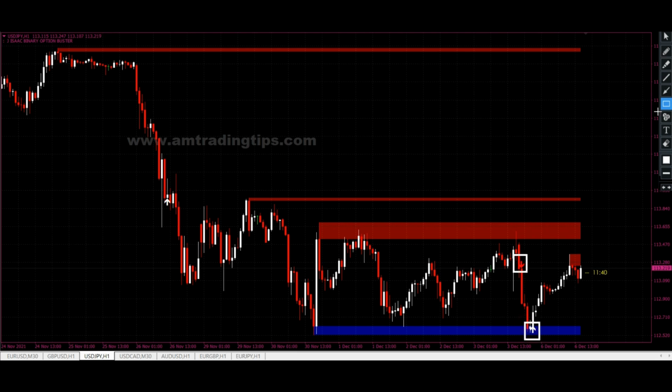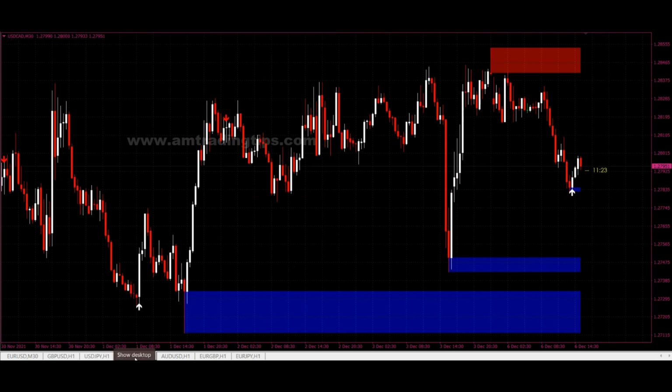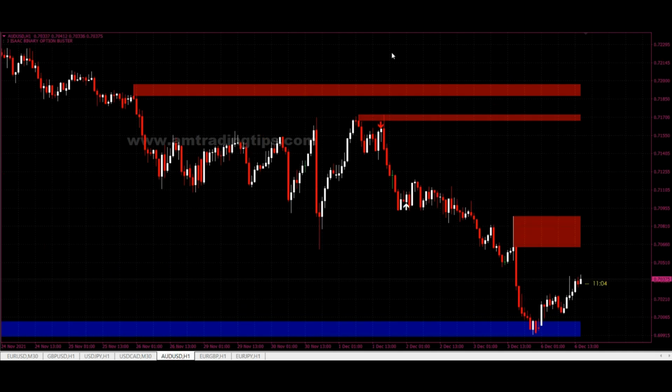Here is perfect sell and buy trade setup. Here is perfect buy trade setup. Here is perfect sell trade setup.